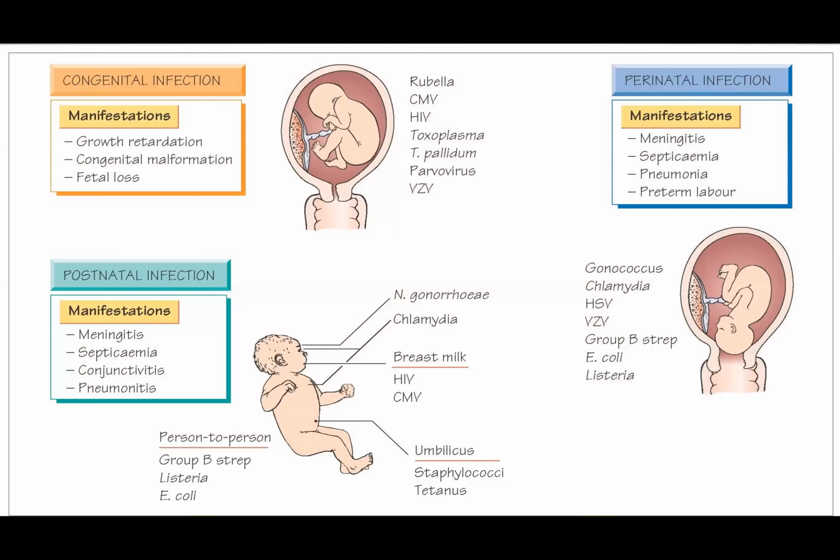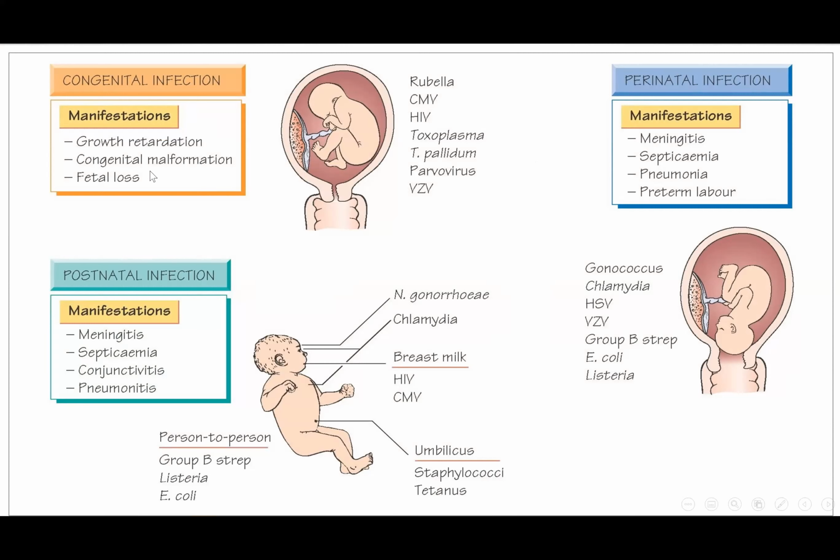Usually, if you are speaking about congenital infection, which means the organism coming through the placenta or the blood of the mother, like TORCH, the manifestation will be growth retardation. So please, if you find a child who is IUGR, try to consider this.